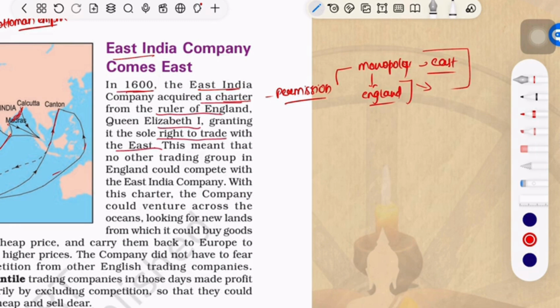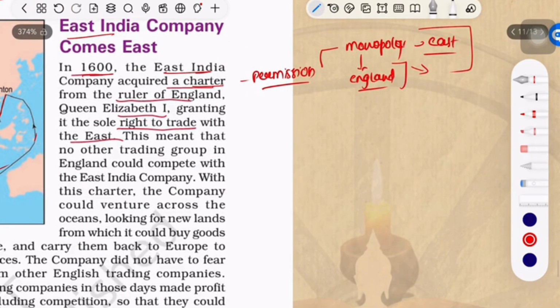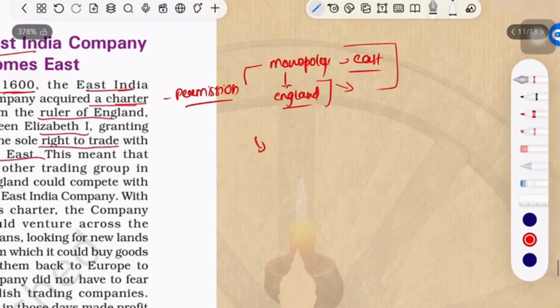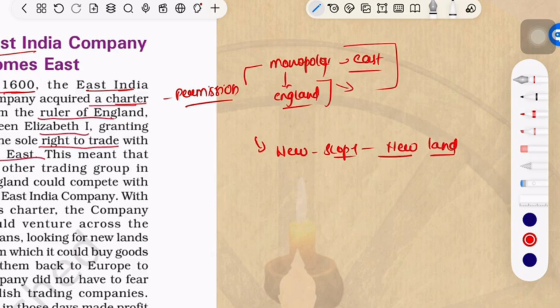So they got a monopoly. Apart from that, it gave them scope to search for new land, as I have already discussed, new land to trade.